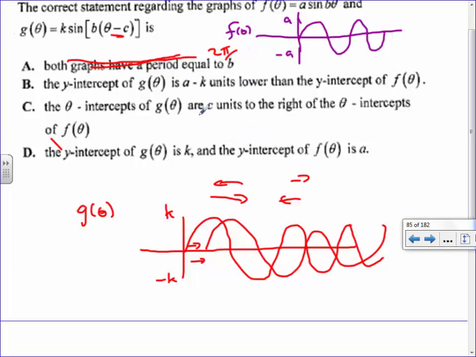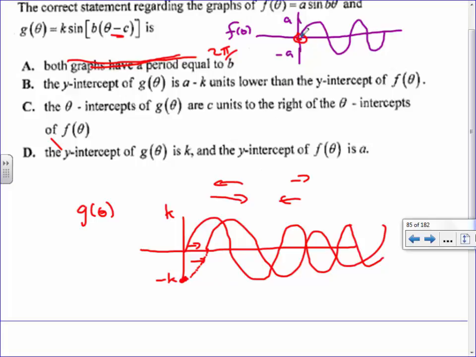So, next: the y-intercept of the g of x graph is a minus k units lower than the y-intercept of f of x. Oh boy. Okay, well, let's take a look at this. Here's the y-intercept of f of x right here. Where would the y-intercept of this graph be? I guess it would be somewhere down here.